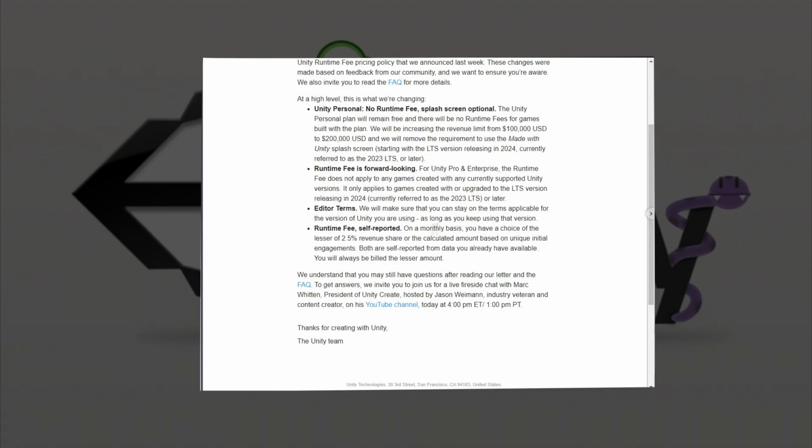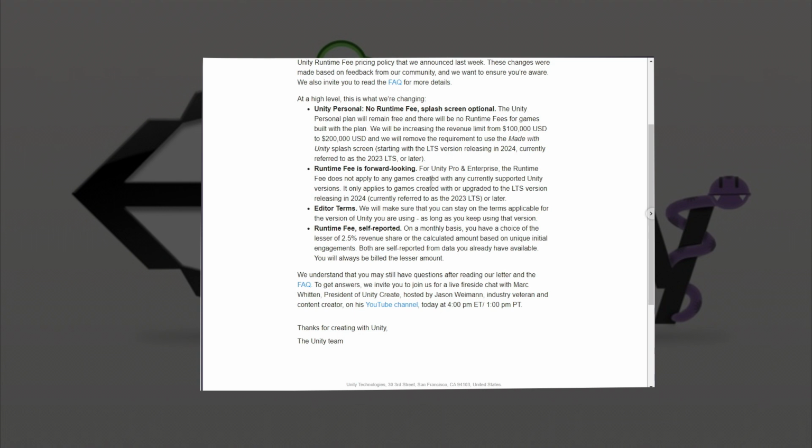That is really interesting, because if I keep making games on those versions and keep updating my games that are on the stores, whether that is Play Store or Steam or Epic or anywhere, the runtime fee will not apply.